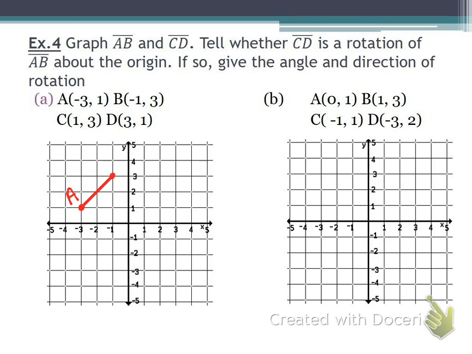Connected, that's my AB. I'm going to switch colors for CD just to make it a little more clear. C is at (1, 3), and D is at (3, 1).